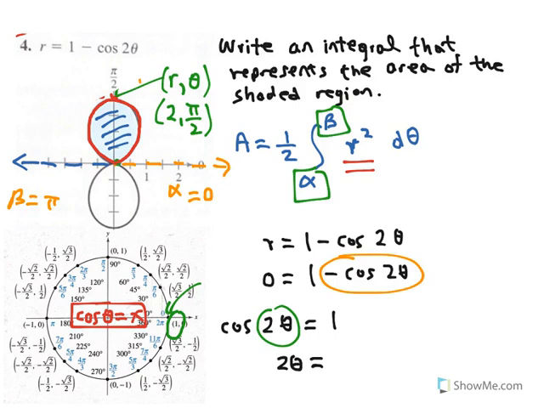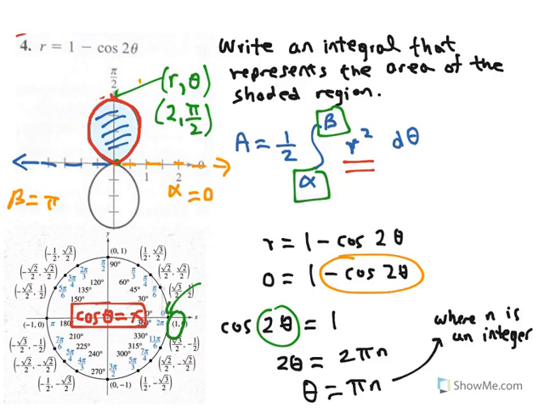So you get 2 theta is equal to 0 plus 2 pi n, where n is an integer. You can simplify. You don't need to write the 0 plus, so you just have 2 pi n, where n is an integer, and you can solve for theta by dividing both sides of the equation by 2, and this is what you would get.